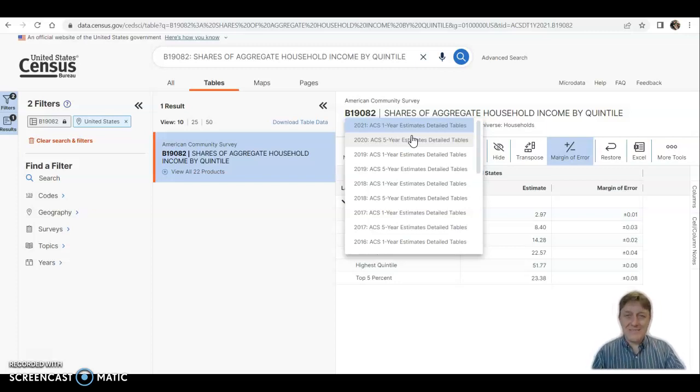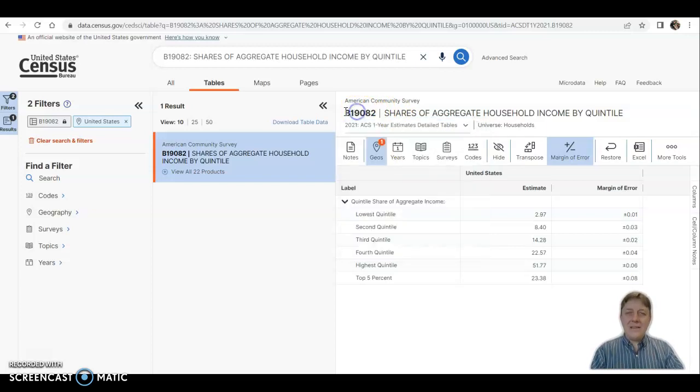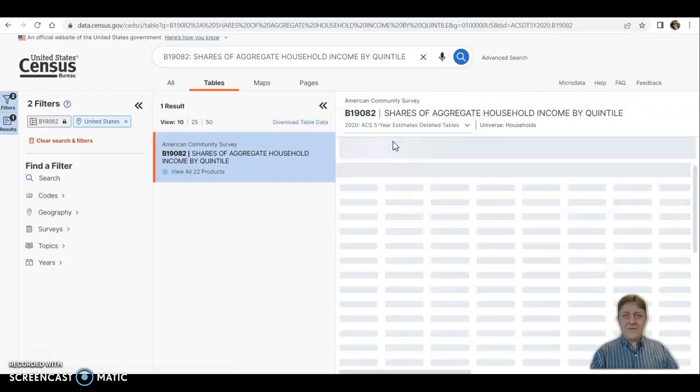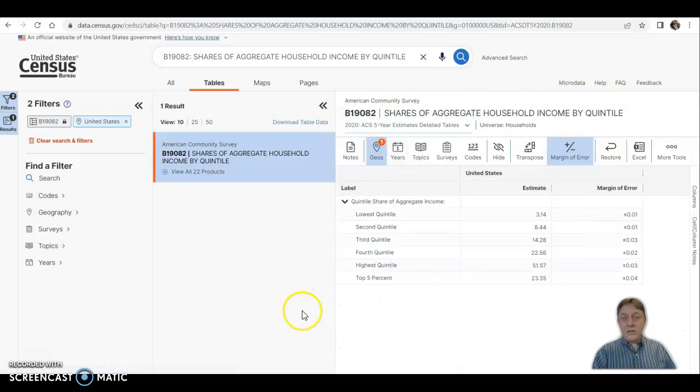Of course, that'll change. So underneath the title of the table here, we're going to select in the drop-down menu 5-year estimates. Now, you'll notice then that we have an estimate here in this column that I'm highlighting.